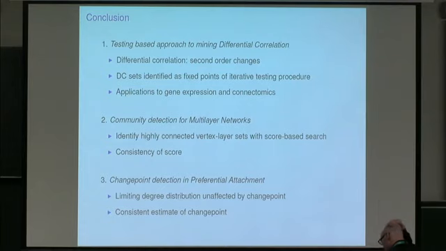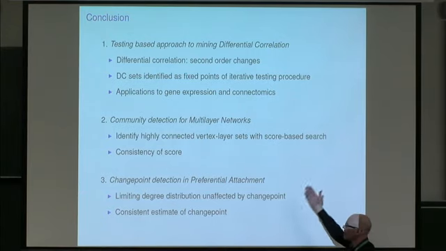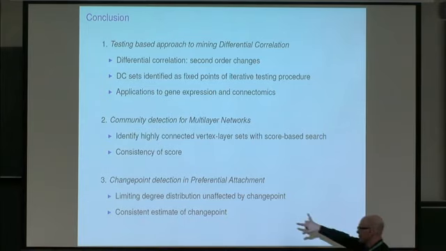The procedure that we use to identify these DC sets is a little unusual. It's iterative testing based. It doesn't involve estimation, which is worthy of mention. I talked about some applications and the bonus material I just described. We have a decent method for finding communities in multi-layer networks, again without connections between the layers, and perhaps these are worthy of note. Thank you very much.